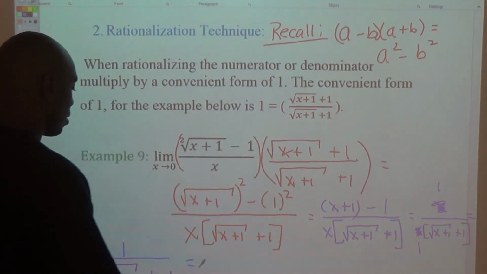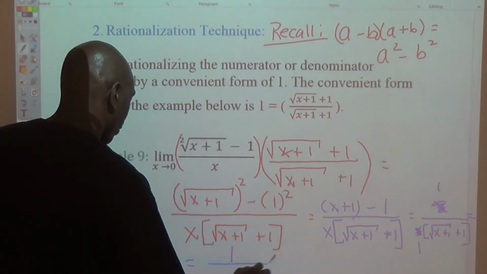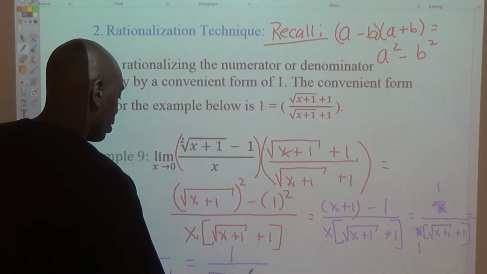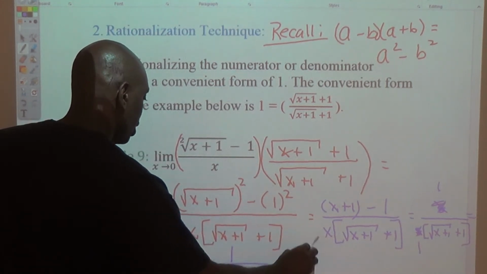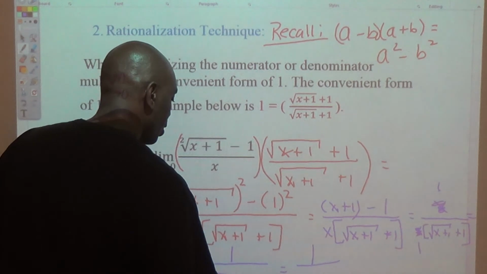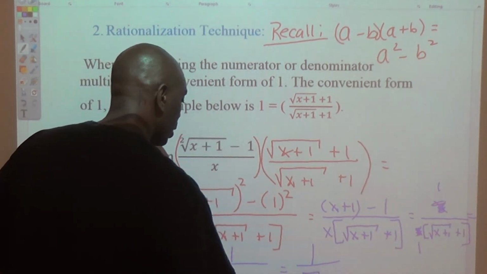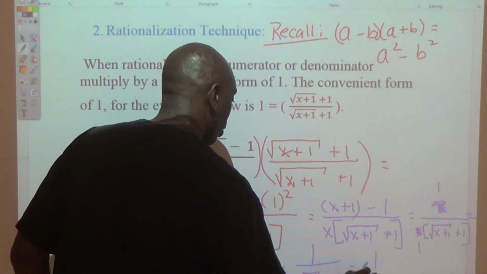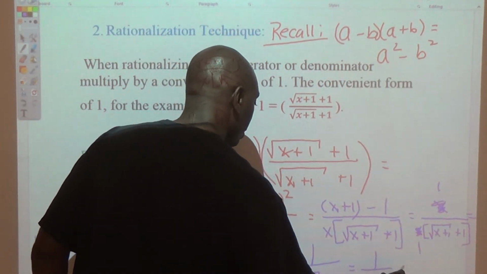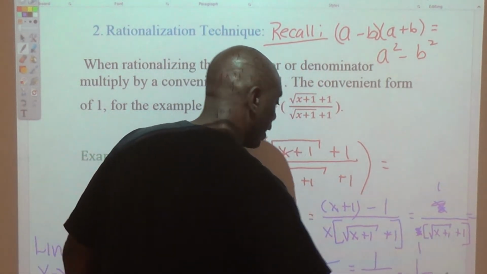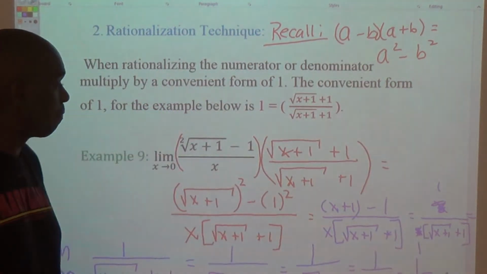If we do that, we're going to get 1 over the square root of 0 plus 1 plus 1, which equals 1 over the square root of 1 plus 1, which equals 1 over 1 plus 1, which is 1 over 2, a half. There you go, there's your limit.